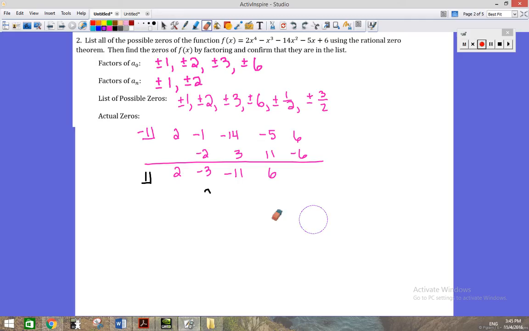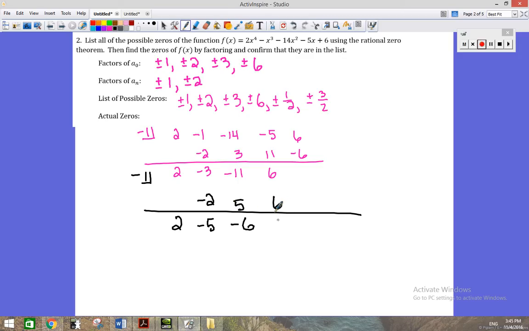But let's see if -1 could be a repeated root. Let's see if it's also another factor here. Let's bring down 2, -2, -5, 5, -6, but then this is +6, and that's not 0, so -1 is not a factor, or excuse me, a 0.